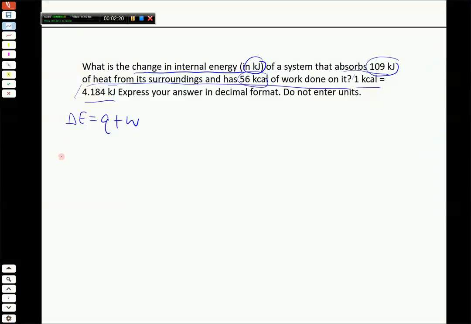So first let's look at Q. And the key word in this problem is that we're absorbing 109 kilojoules. And so that means Q is going to be positive. Whenever the system absorbs heat, that's going to be a positive value for Q. And so that's going to be 109 kilojoules.